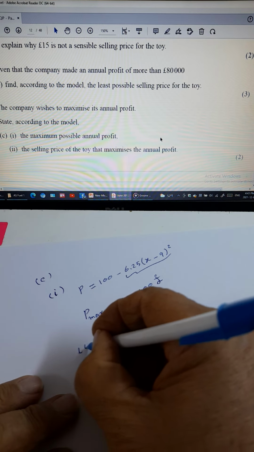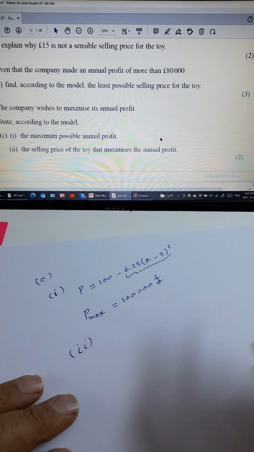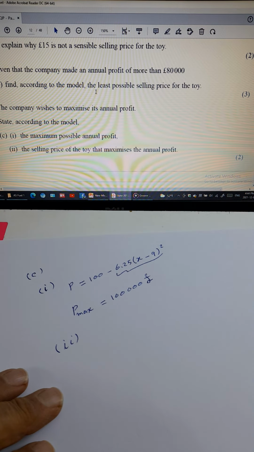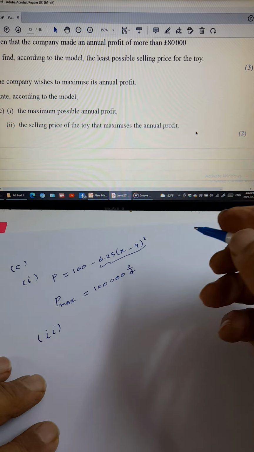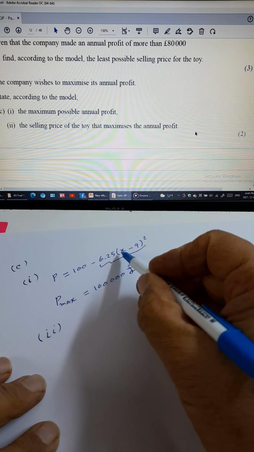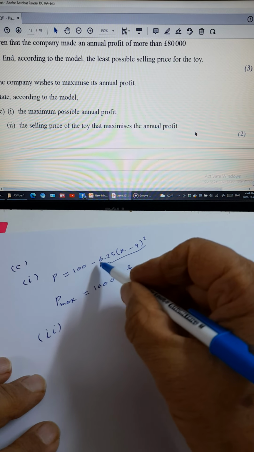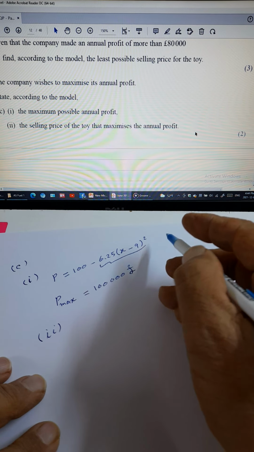(ii) The selling price of the toy that maximizes the annual profit. The corresponding price we get from this by equating this bracket to 0.